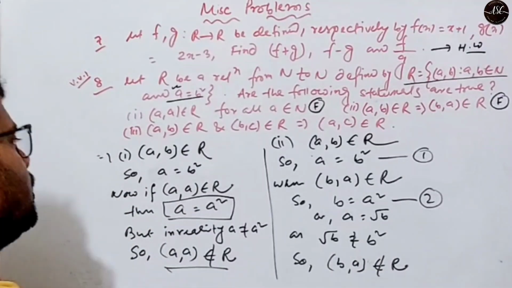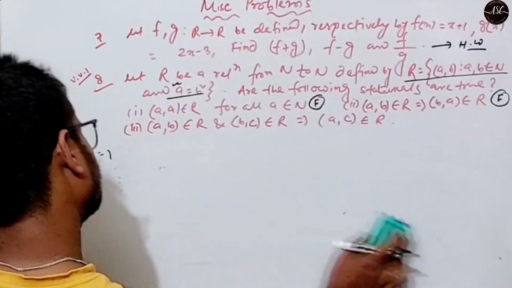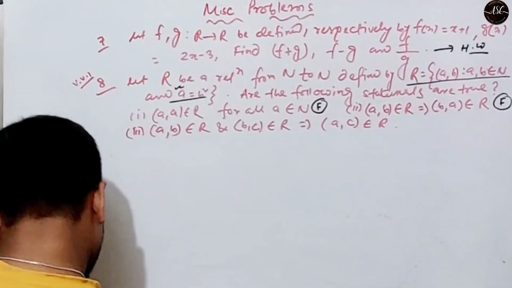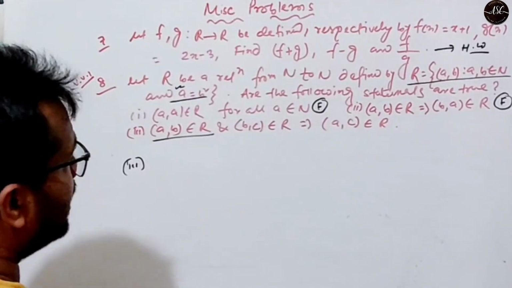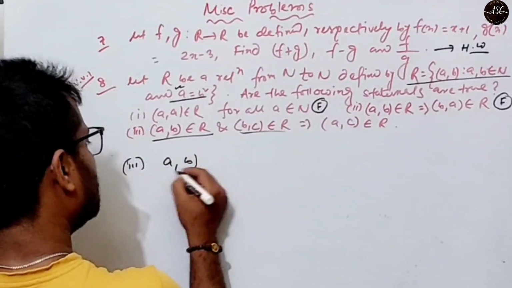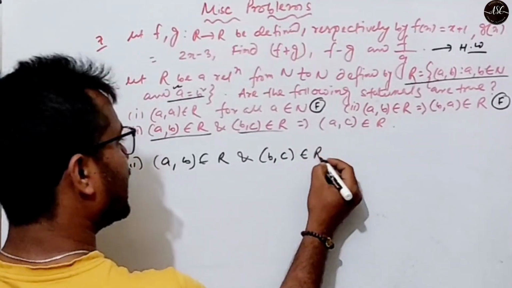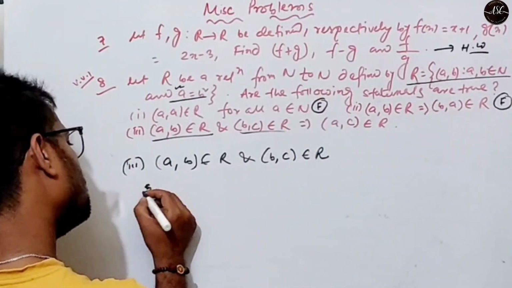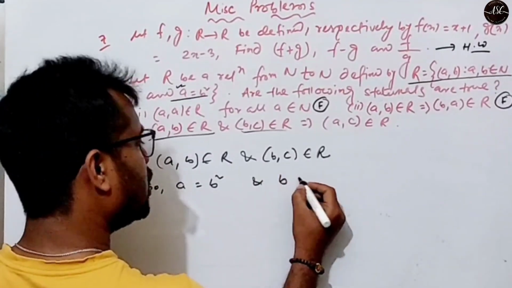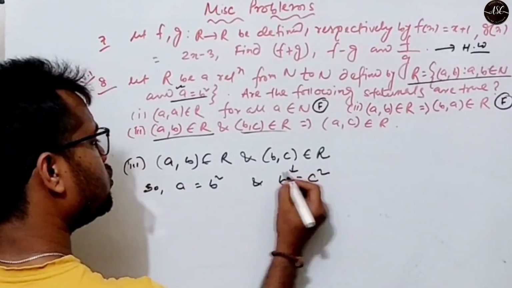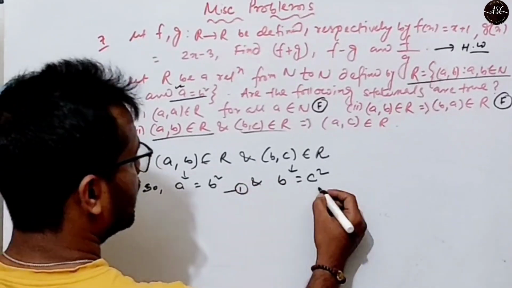Now question number 3. Here it says (a, b) belongs to R and (b, c) belongs to R. That means a is equal to b square and b equal to c square. This is 1 and this is 2.